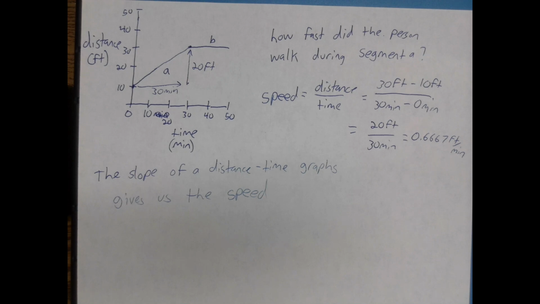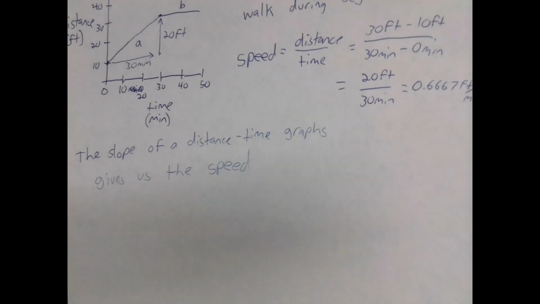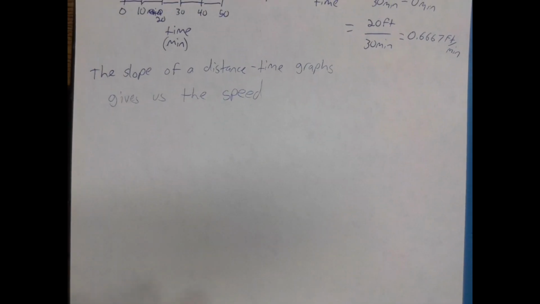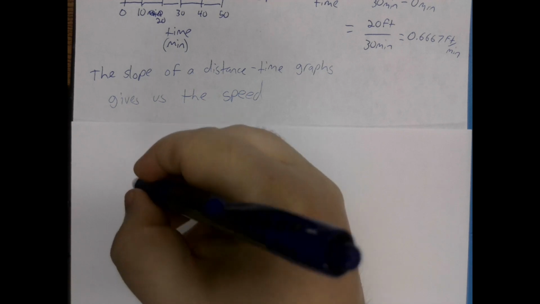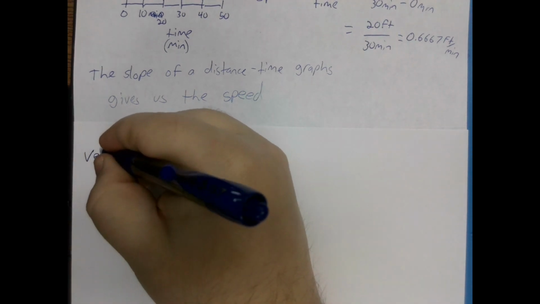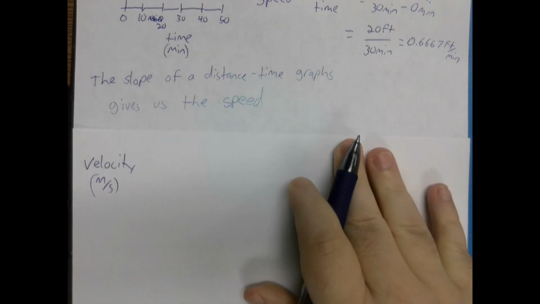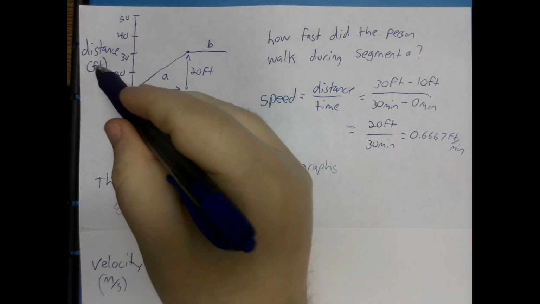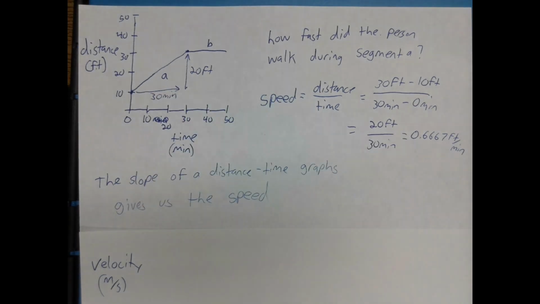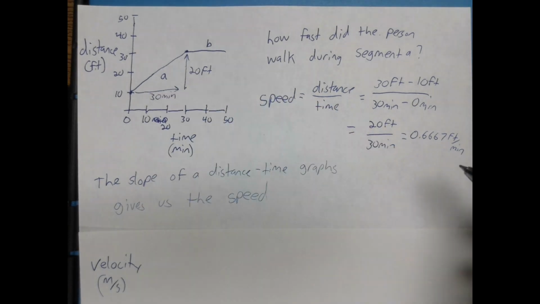That makes sense? Also, make sure whenever you're doing this, you actually check what the units are. This is in feet per minute. So this person is moving quite slow, less than a foot every minute.